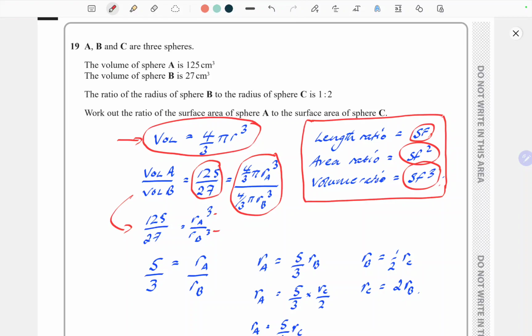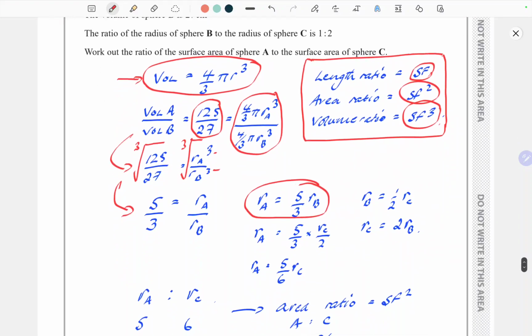And if you cube root both sides, you end up with 5 over 3 equals the ratio of the radius of A over the radius of B. So the radius of A is 5/3 the radius of B.